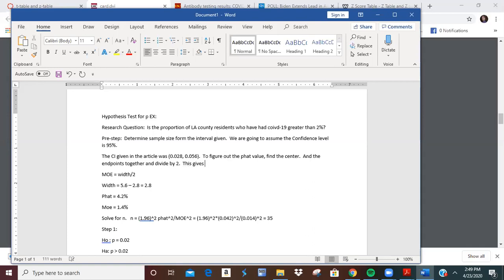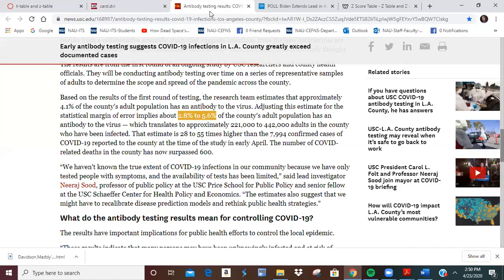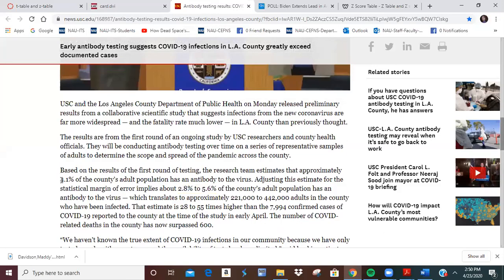This gives 0.042, which as a percent is going to be 4.2%. In this article here, they say it's 4.1%, so there's some sort of rounding error going on.